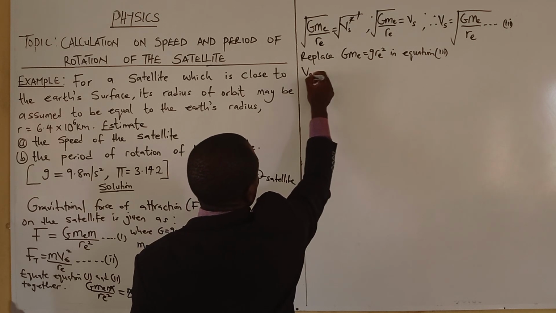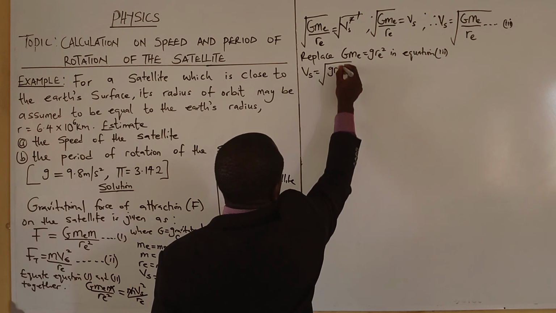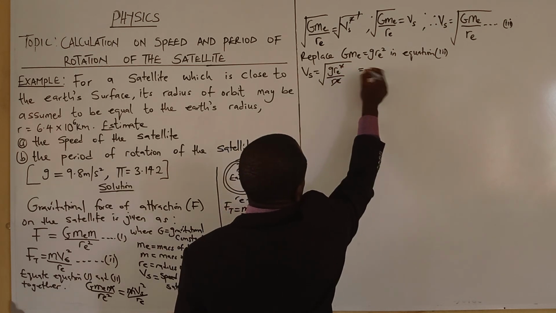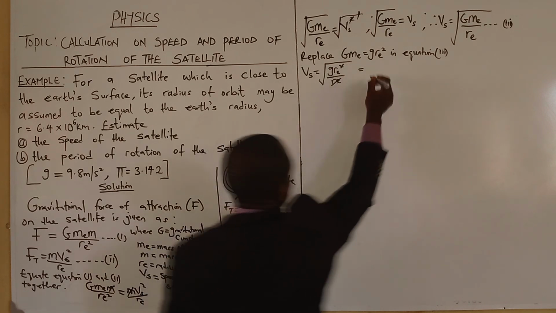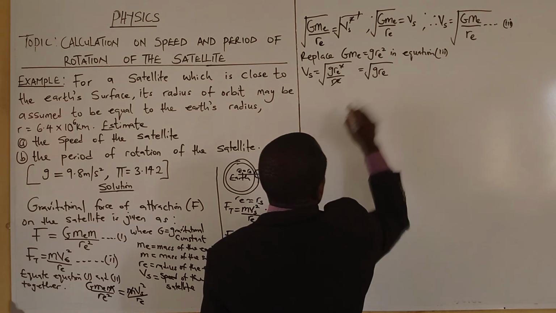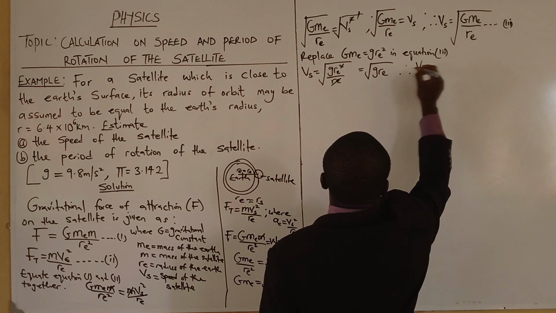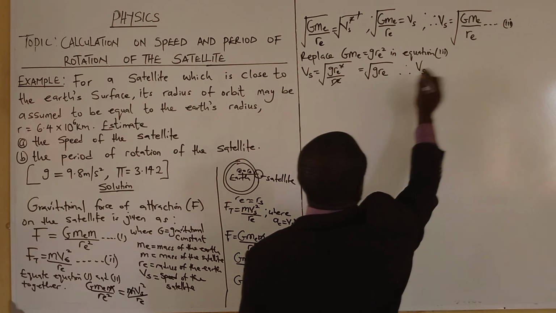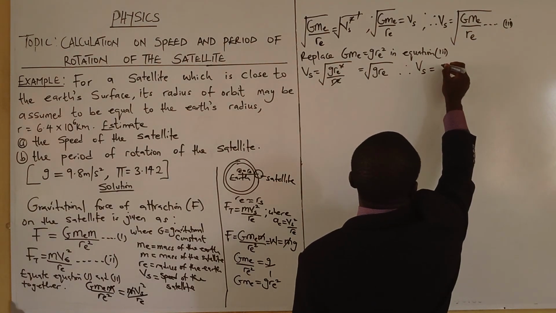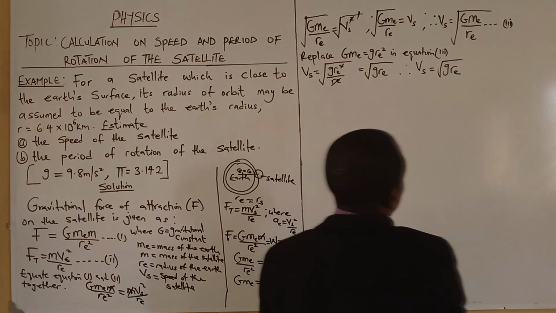I have vs equals the square root of g RE squared over RE. One RE cancels RE. We are left with the square root of g RE. Therefore, the speed of the satellite, not the velocity of escape, equals the square root of g RE.